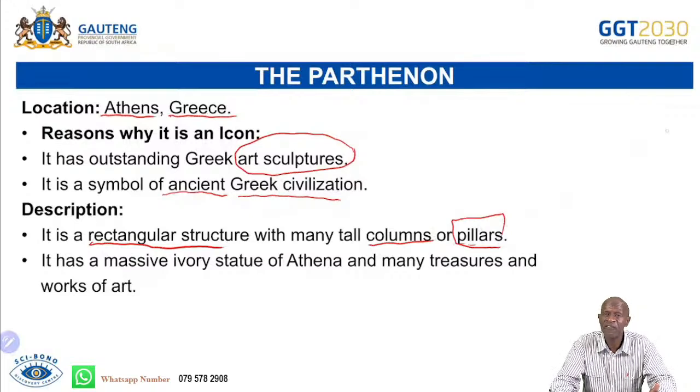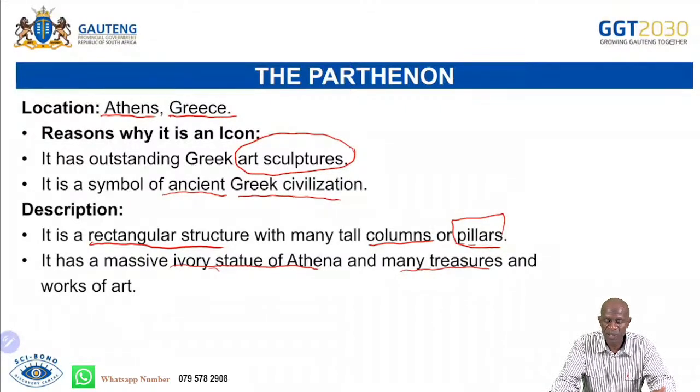It has a massive ivory statue of Athena and many treasures and works of art. So treasures are some of the things that we want to keep, some of the things that we want to preserve. And so such Greek treasures are found at the Parthenon, and it has an ivory statue of Athena.